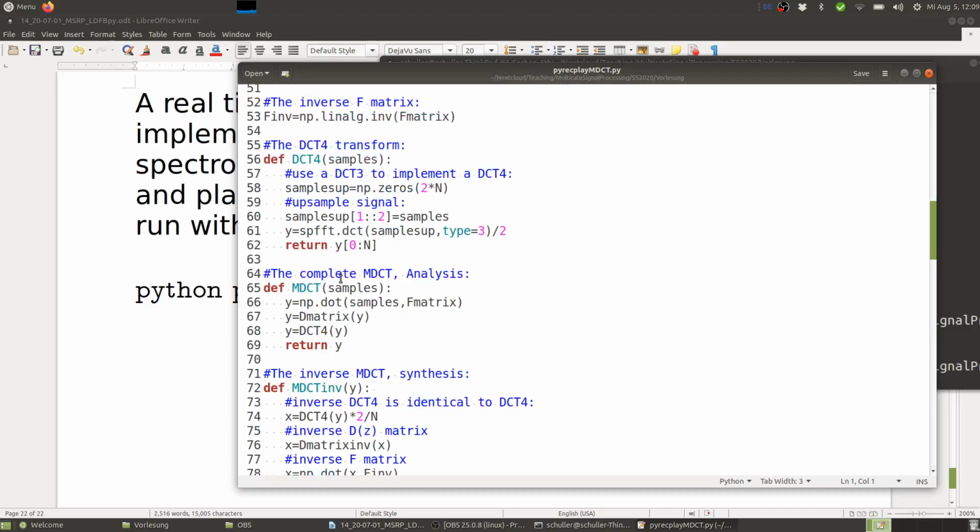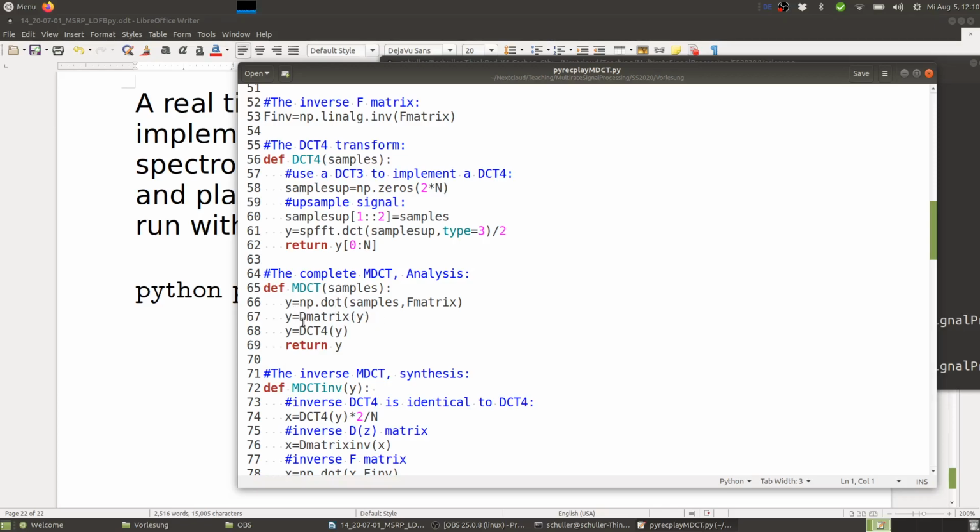Yeah, so here's now the complete MDCT, here without zero delay matrices, just to show you the implementation example. This is the function you call for the analysis for each new block. So here you get a new block. Here you process the block by multiplication with the F matrix, just using the matrix multiplication dot.